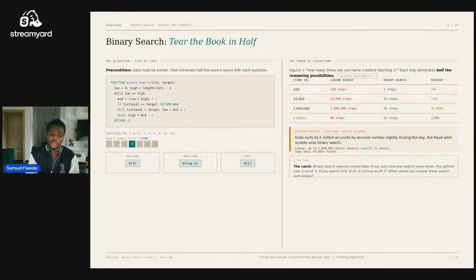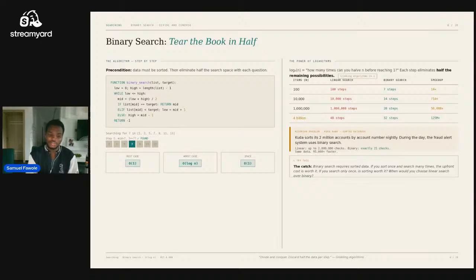We choose a midpoint, which is low plus high divided by 2. We actually have to round up here, but in this pseudocode, round up or round down, either works. So if the element at the mid position is equal to target, return that position, as we have found what we are looking for.